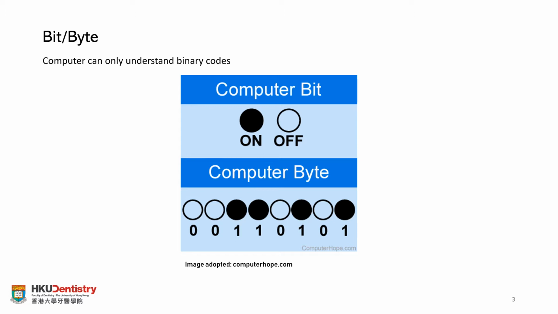Actually, a computer can only understand 0 and 1. We call this 0 or 1 a bit. When we put 8 bits together, we call it 1 byte. The bit is the most basic unit of information in computing and digital communication.